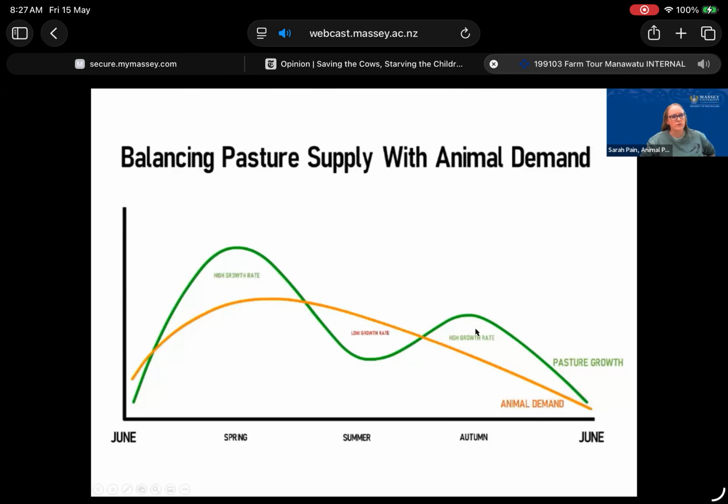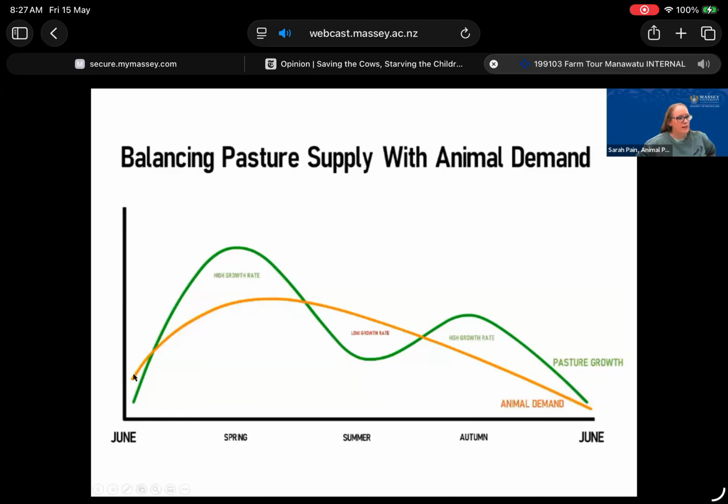There's often a little bit of growth in some regions of New Zealand through autumn because we get a little bit of rain. But then in winter time, pasture growth tapers off quite dramatically, not because it's dry so much, but because it's cold. When it's cold, the pasture just doesn't grow, okay? It's still nice and green, but it doesn't grow like it does in spring.